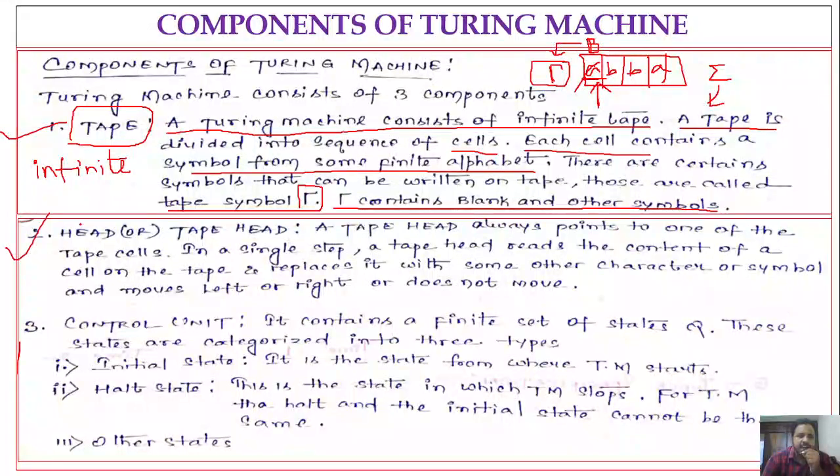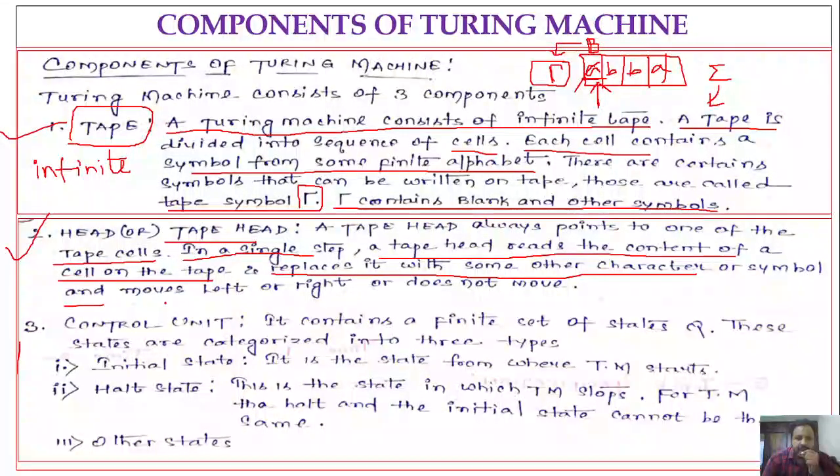Next, we have the head or tape head. A tape head always points to one of the tape cells. In a single step, a tape head reads the content of a cell on the tape, replaces it with some other character or symbol, and moves left or right or does not move.